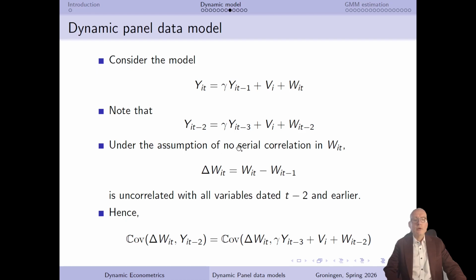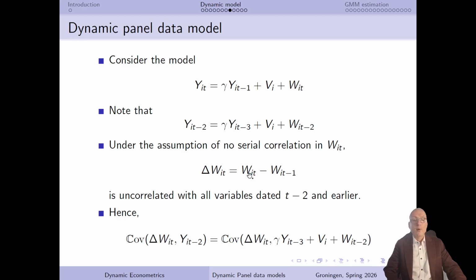Under the assumption of no serial correlation in w_{it}, an assumption that we still make here, delta w_{it}, which is by definition equal to w_{it} minus w_{i,t-1}, is going to be uncorrelated to any of the w's with a date of t-2 and earlier.